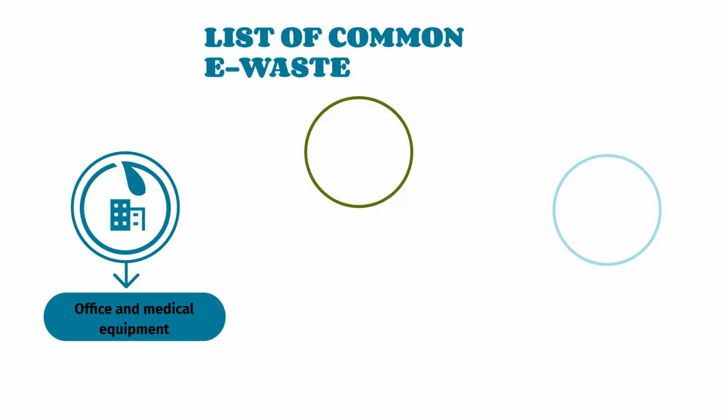I give you some examples: printers, IT servers, cords and cables, Wi-Fi dongles, dialysis machines, imaging equipment, audio and video equipment, uninterrupted power supply, which we also call a UPS system, autoclave, scientific calculators, and so on. So all these are some of the examples which come under office and medical equipment.